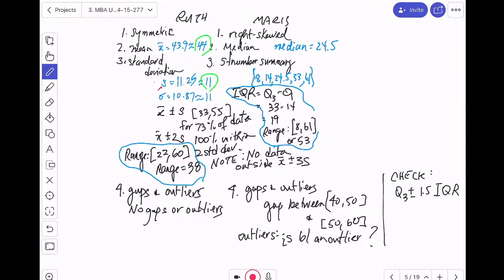Actually, I'm gonna pull up my notes. I think I do this in the notes. Let's see. Let me verify.